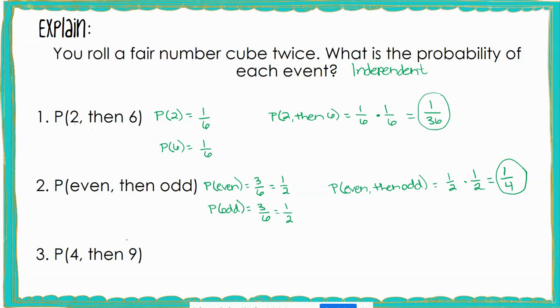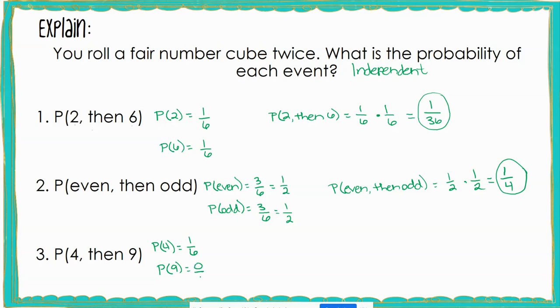Now our last one for this section says the probability of 4, then 9. So I would want to start with the probability of a 4. Well, there is one 4 on a number cube out of 6 total spaces. So the probability of a 4 is 1/6. Then we want to find the probability of a 9. Well, actually, if we think about a number cube, there are no 9s on a number cube.